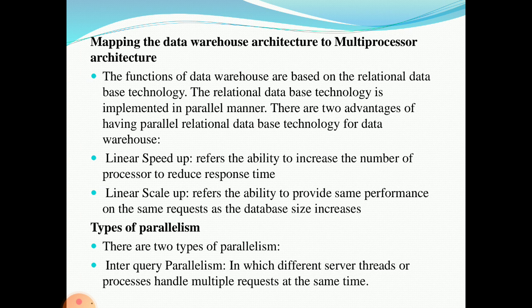There are two types of parallelism. That is inter-query parallelism, in which different server threads or processes handle multiple requests at the same time. More than one request is handled at the same time.